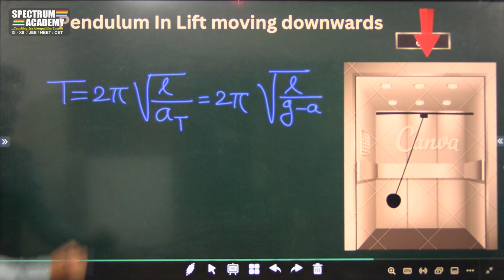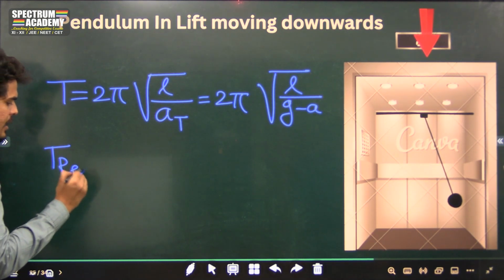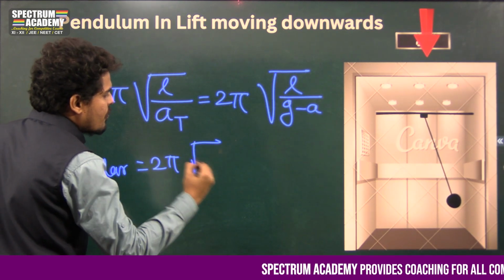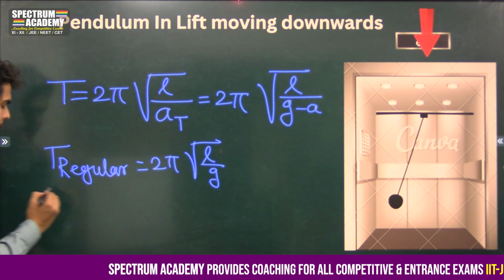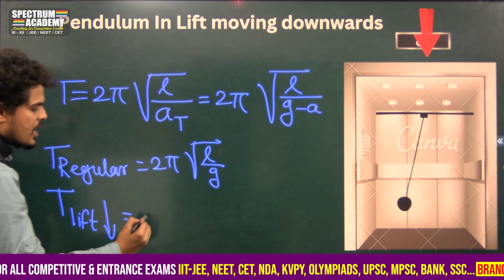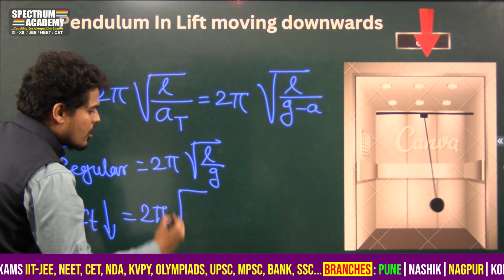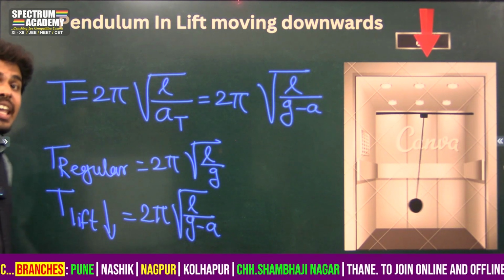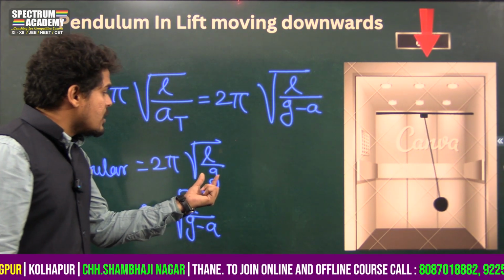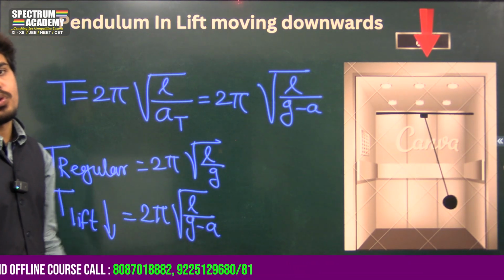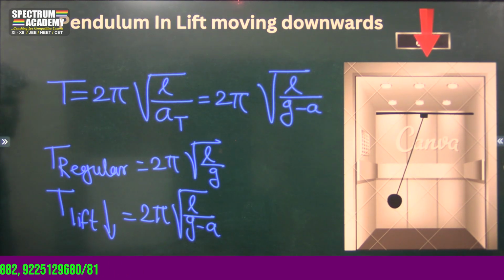So the regular period T is given as, we know, 2 pi under root of L upon g, and the T in the lift moving downwards is given by 2 pi under root of L upon g minus a. We can see here that T and the acceleration are inversely proportional.